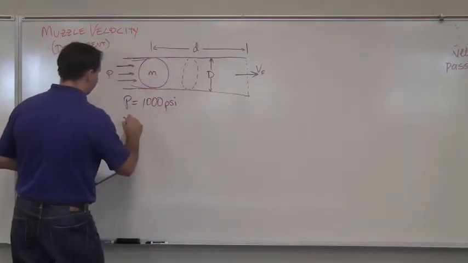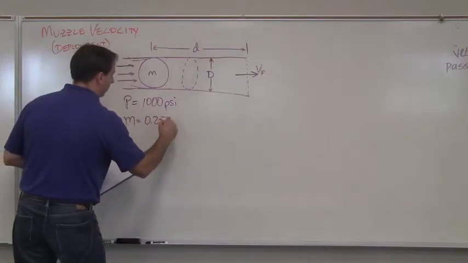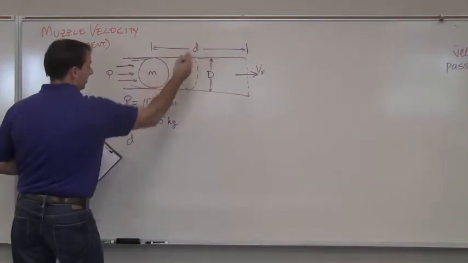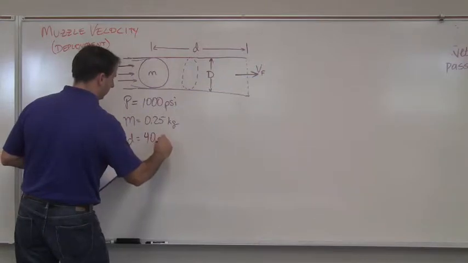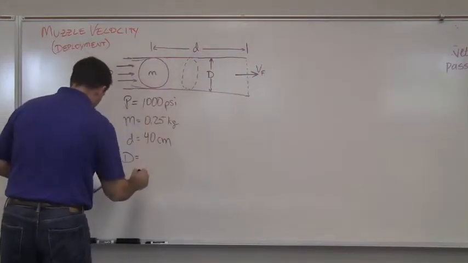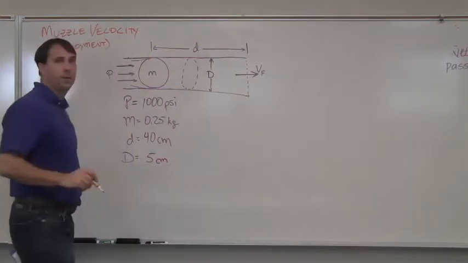I'm going to say the mass of my probe is 0.25, a quarter kilogram. The distance that the probe is going to accelerate, like I said, is going to be 40 centimeters. And then the diameter of the barrel is going to be 5 centimeters, okay?